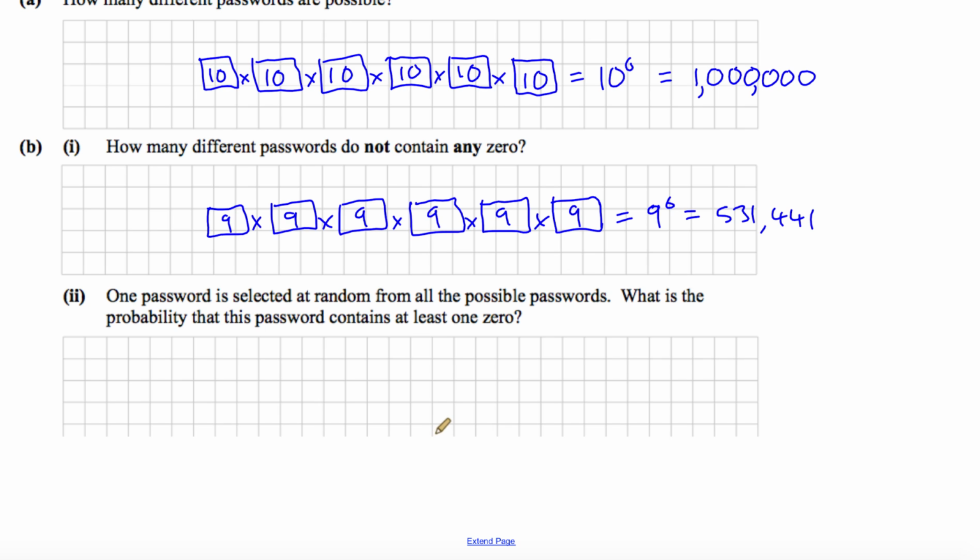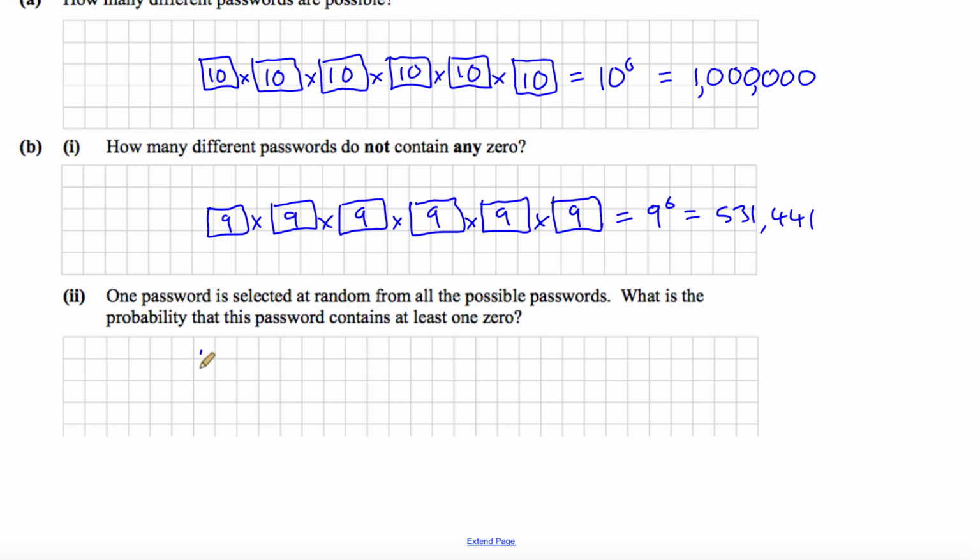B part 2 says one password is selected at random from all the possible passwords. What is the probability that this password contains at least 1 zero? Okay, well, we know all the passwords that do not contain any 0. So the leftover from all the possible passwords would be the ones that contain at least 1 zero.